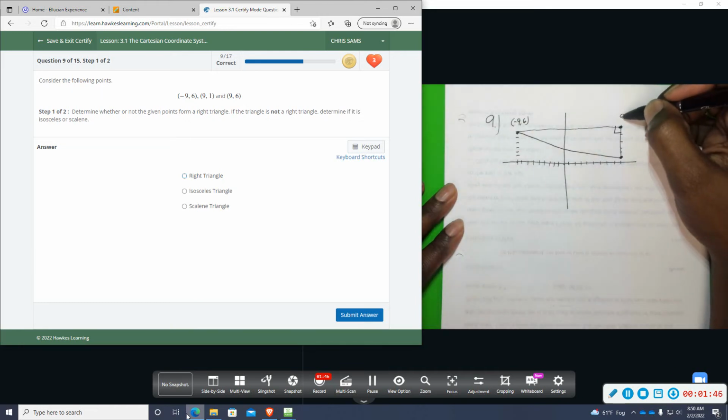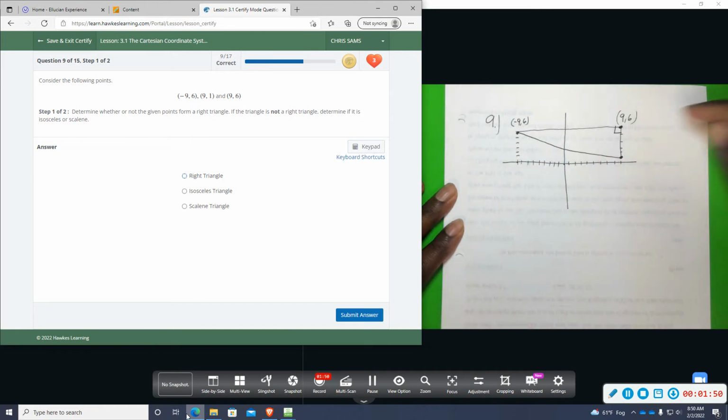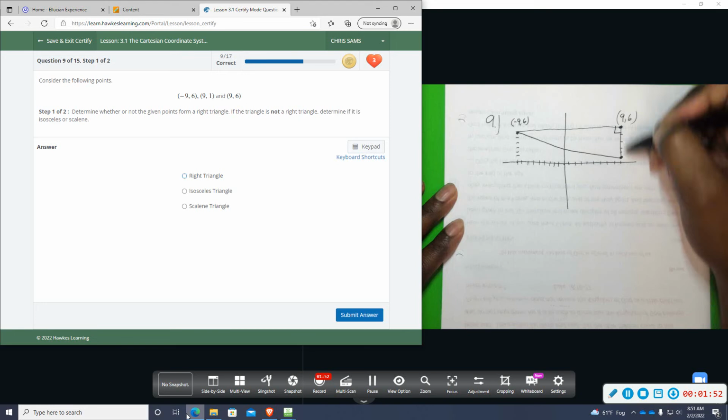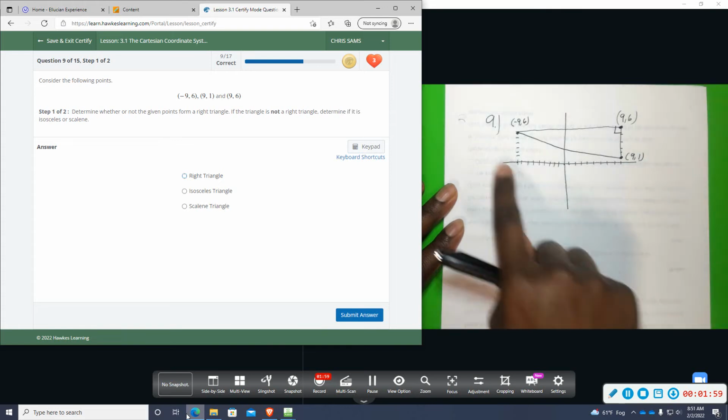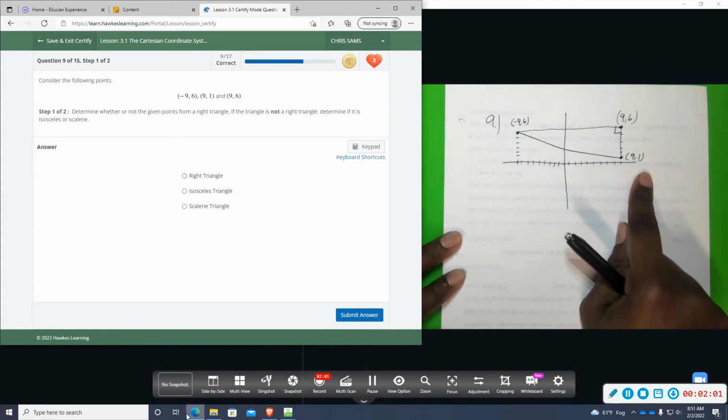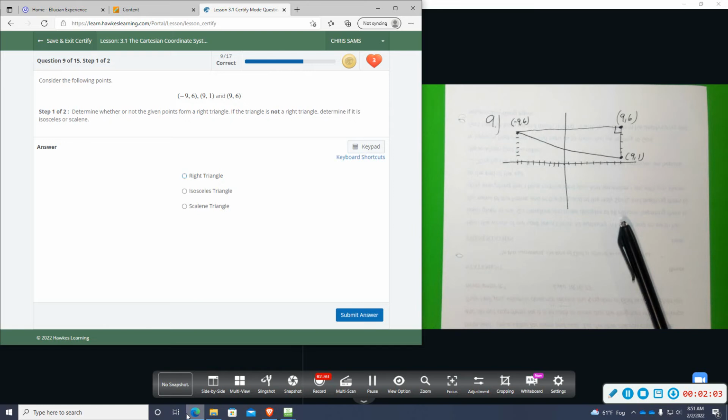This is +9, 6. So those are on a horizontal flat line, and then these are on the vertical line. So that was 9, 6, and this ordered pair was 9, 1. So that's going to form a right triangle. And so in this instance, we would say that this is a right triangle.